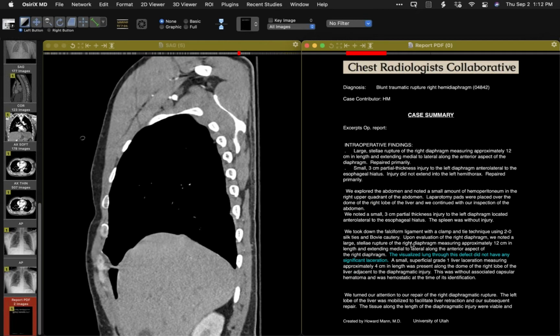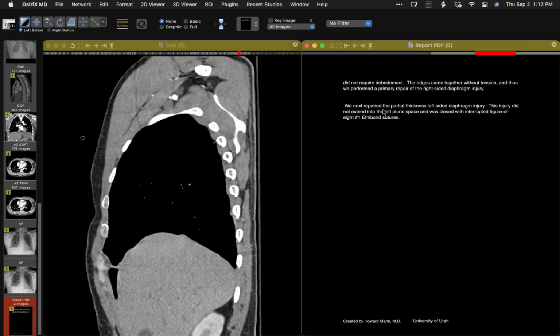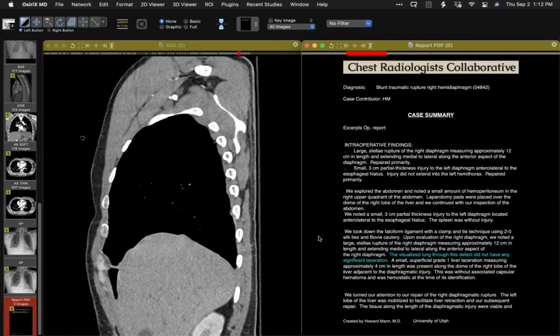And they fixed that and actually found a little partial thickness left-sided diaphragm injury, which they fixed as well, but I don't see any findings of that on imaging. So a really interesting case of right hemidiaphragm rupture involving the anterior right hemidiaphragm and presenting in that fashion, which I think is really quite interesting.